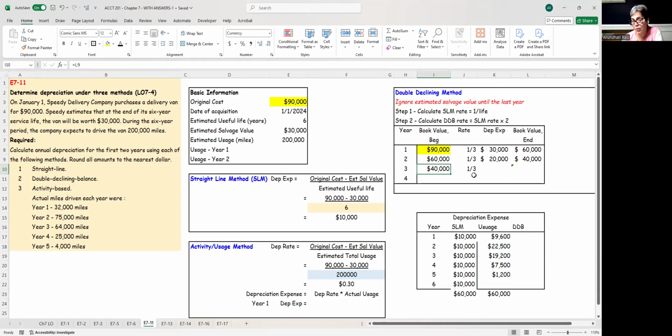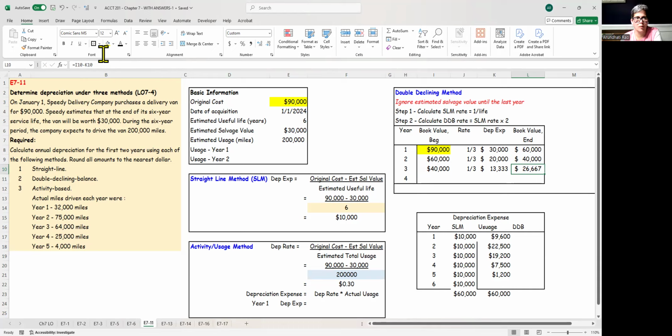I start out by saying I want to depreciate it a third. Let's go to that calculation and see what happens. 40,000 multiplied by 1/3 gives me 13,333. Now, if that's the depreciation, my book value will become 26,667.